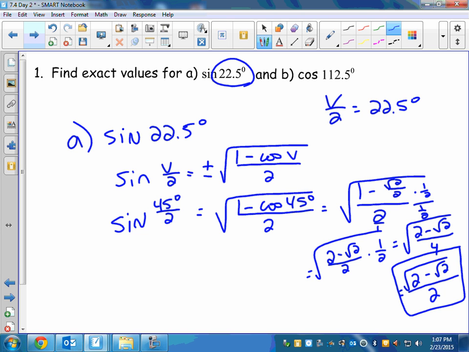On the bottom you get 1, and up here you'd get a half minus radical 2 over 4, and then you could get a common denominator, and it would still work out the same way. I think, yeah, you'd get the same answer. But I think the book leaves the answer like that: square root of 2 minus square root of 2 all over 2. Barf.